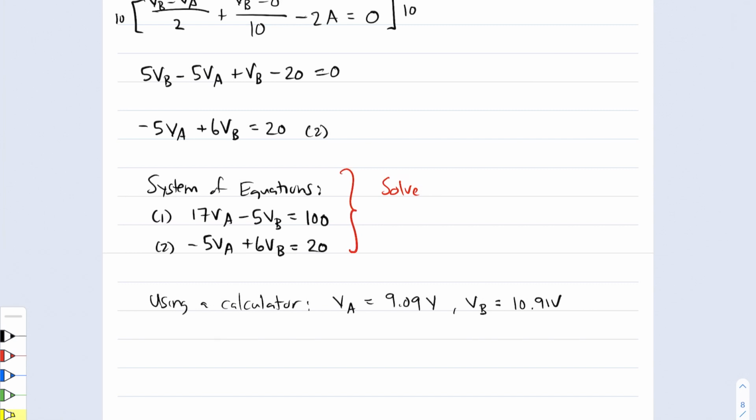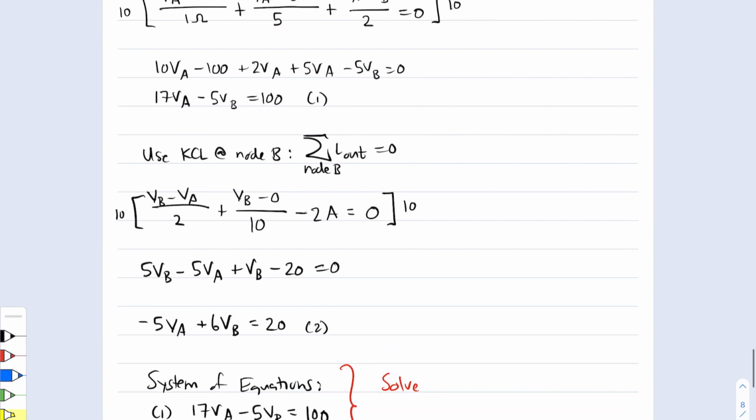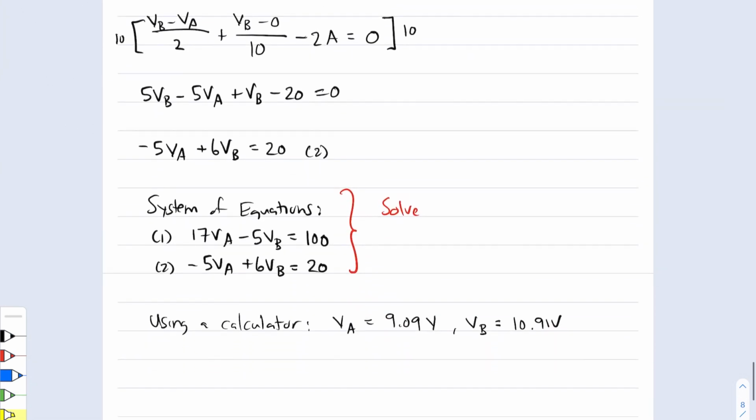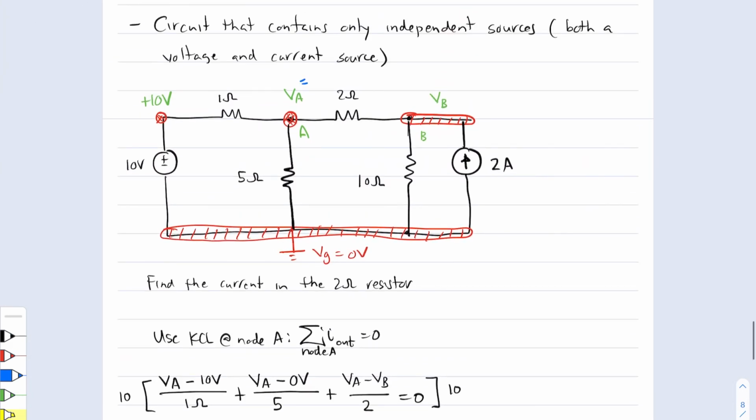So one of the things that we can do is I'm going to go back up to my original picture here. And I can say that my node voltages, and I'll do this in blue, at node A, this was 9.09 volts, and VB was 10.91 volts.